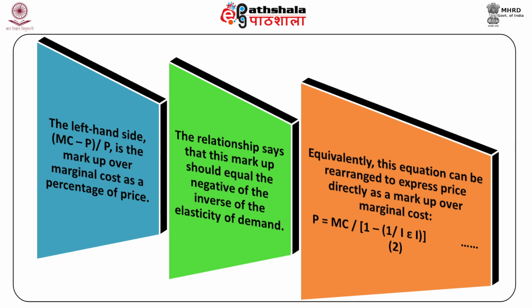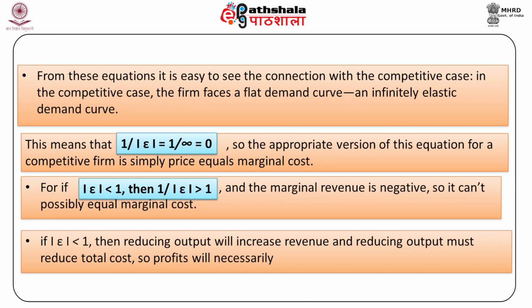Equivalently, this equation can be rearranged to express price directly as a markup over marginal cost. This is to say that P is equal to MC divided by 1 minus 1 upon absolute value of sigma. From these equations, it is easy to see the connection with the competitive case.